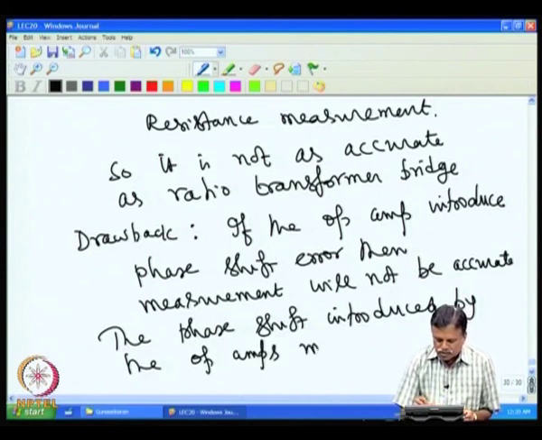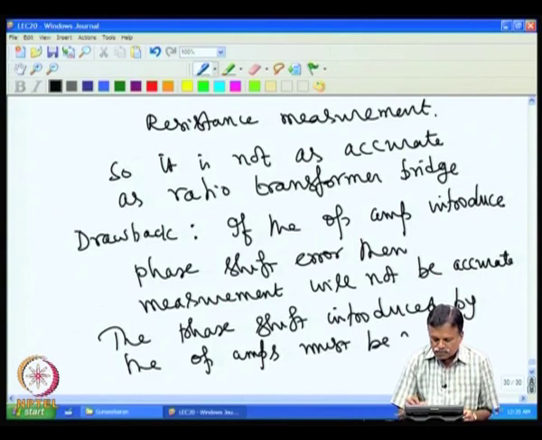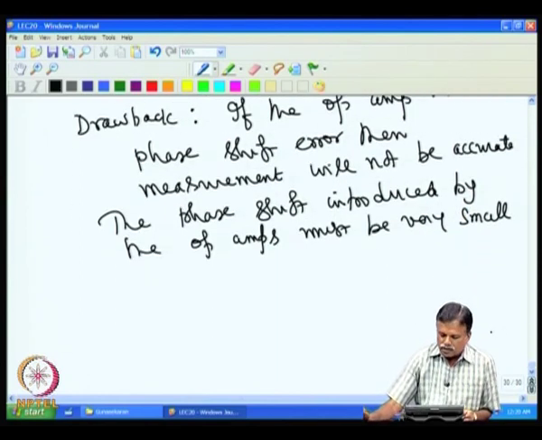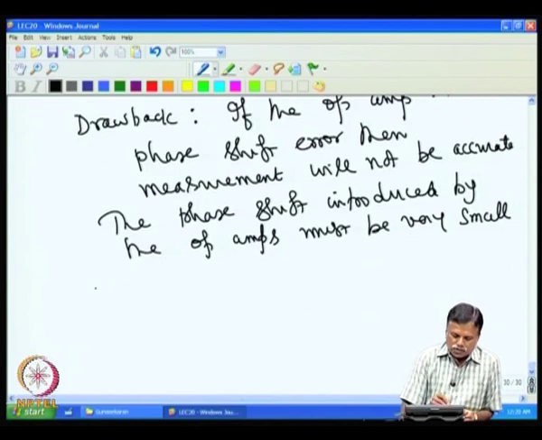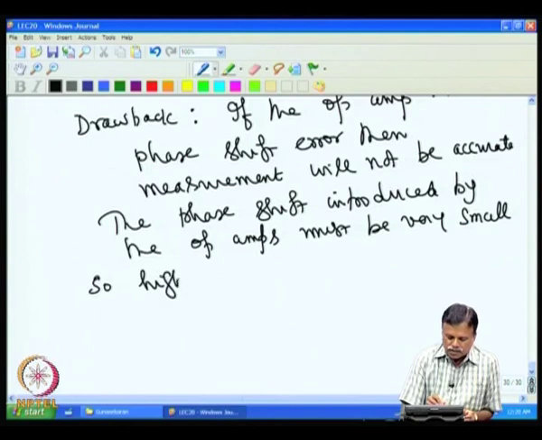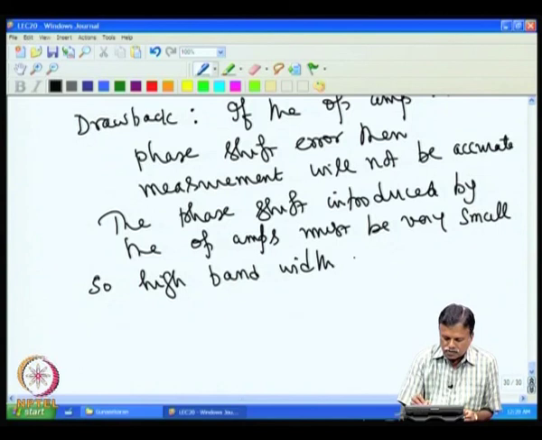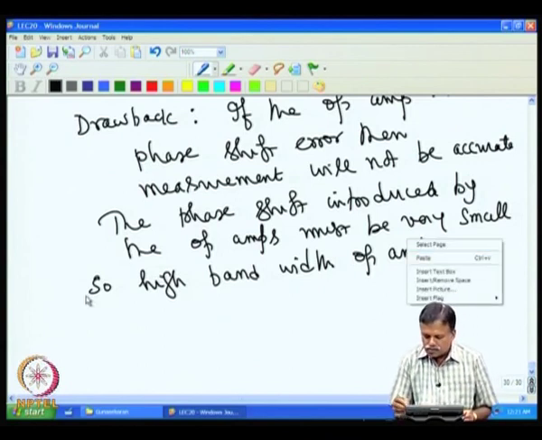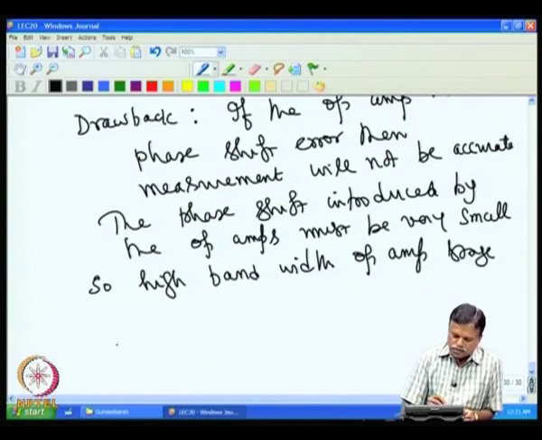This can be achieved by using a wide bandwidth op amp. So, high bandwidth op amps are required.